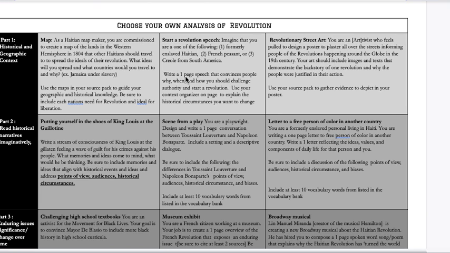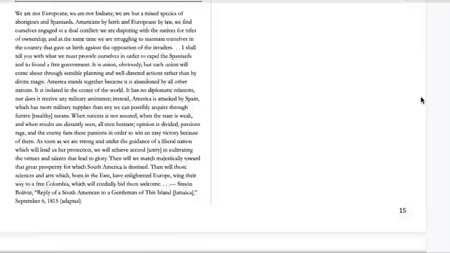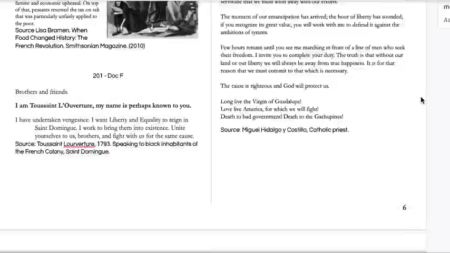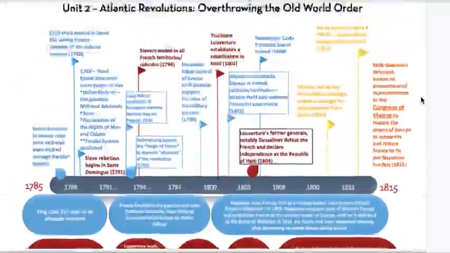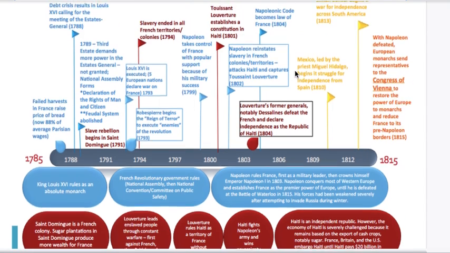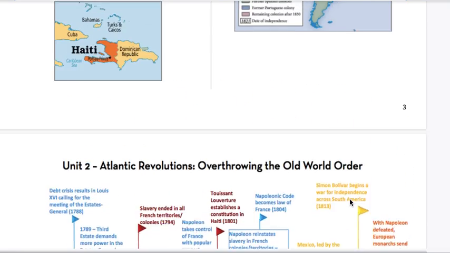Now, what would help you with this is, one, to Google revolutions that happened after the Haitian Revolution. But two, you might want to look at this timeline and look for when you see the Haitian Revolution taking place and see when others take place, like Mexico, like Simón Bolívar and the Latin American revolutions, and go off of that.